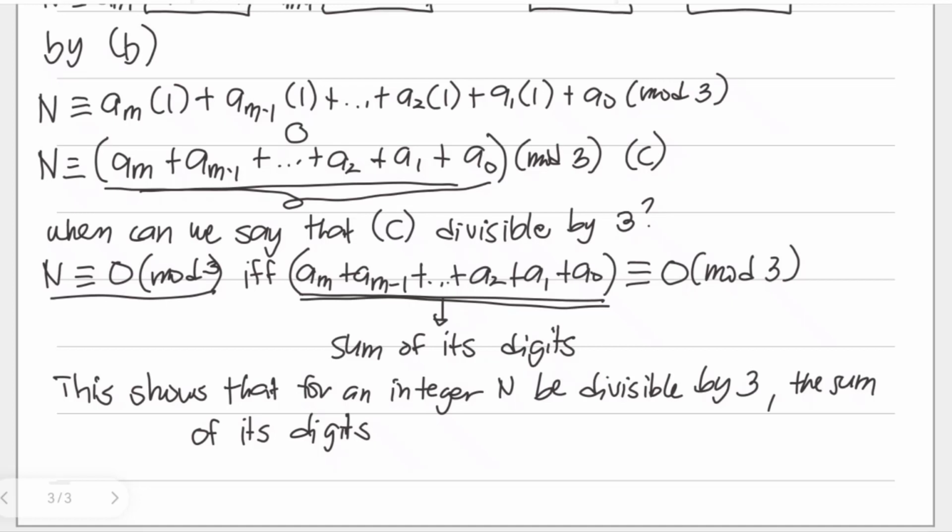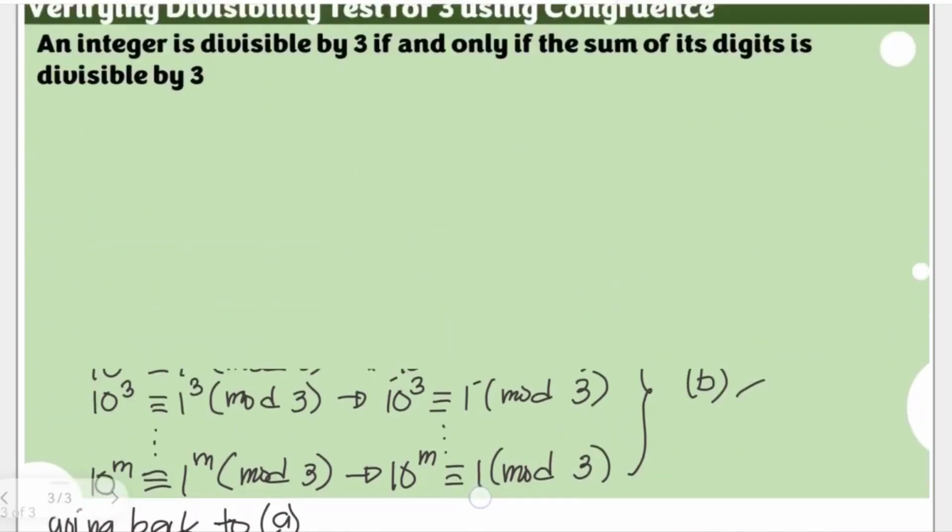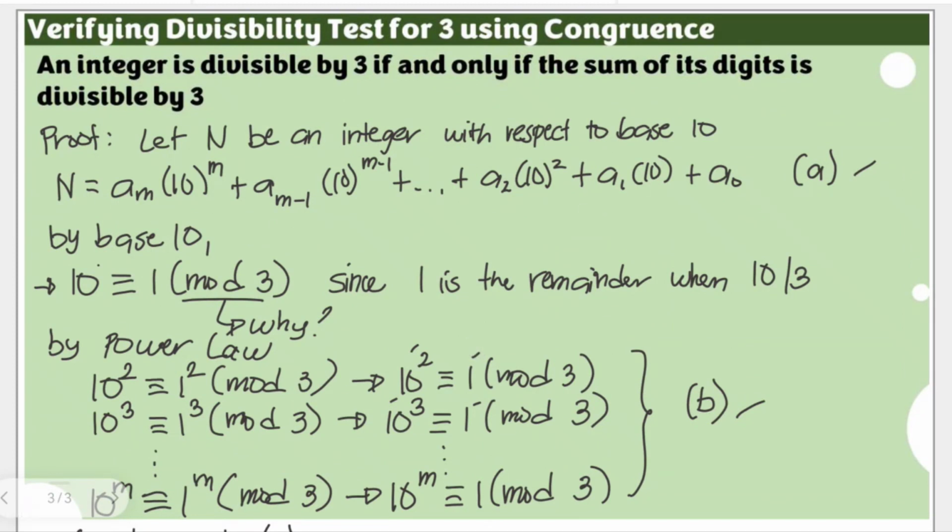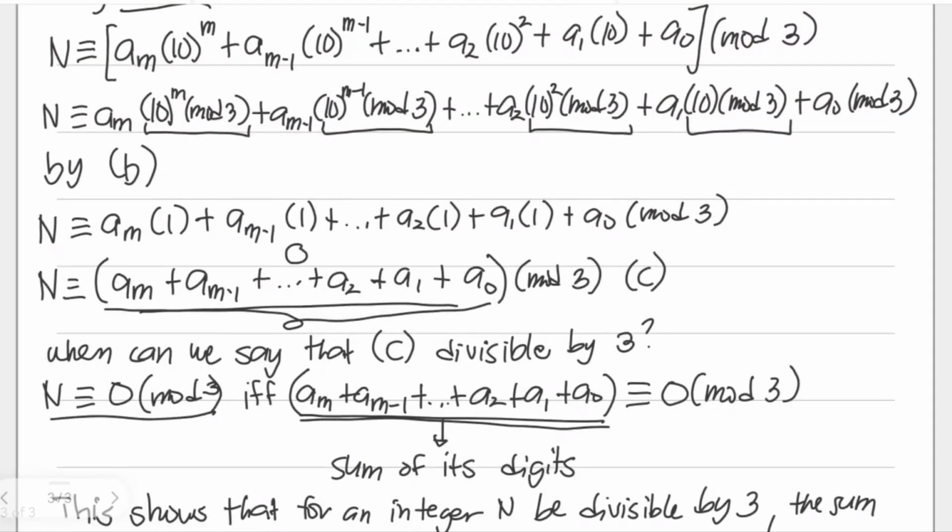In a simpler sense, it means divisible by 3. And this is actually the statement of the divisibility test for 3: an integer is divisible by 3 if and only if the sum of its digits is divisible by 3. Because if the sum is divisible by 3, we could get 0 here, and we substitute here. This means that our n is divisible by 3 without any remainder.